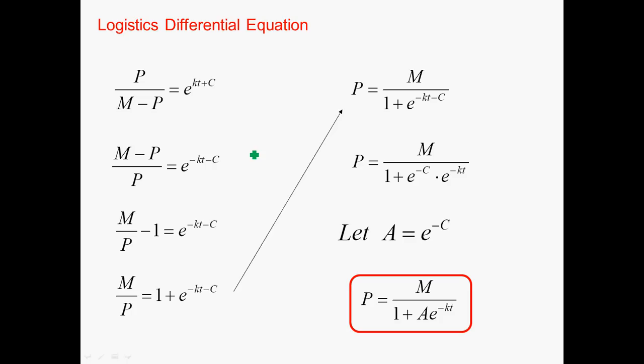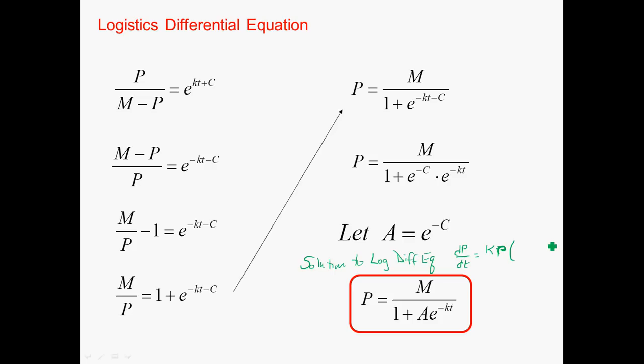This is the solution to the logistic differential equation of the form: the derivative of a population growth over time is k, a constant of proportionality, times the initial population times a fraction of the carrying capacity.